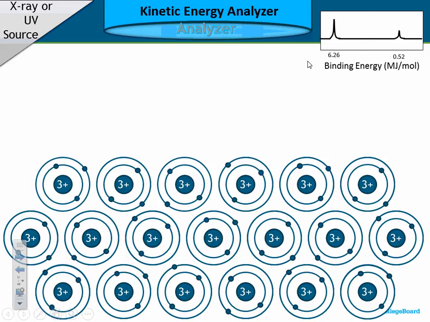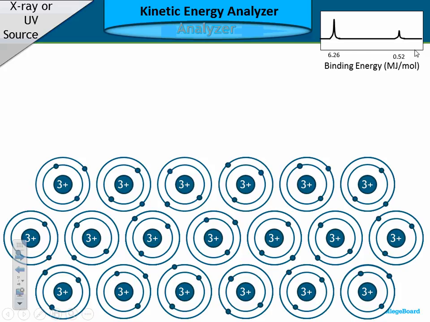So up in the corner here with the binding energy, we have the energy versus the relative number of electrons that are coming off. That's what those spikes tell us. They tell us that if you look at this, there are twice as many electrons coming off with the binding energy of 6.26 as there are with the binding energy of 0.52.